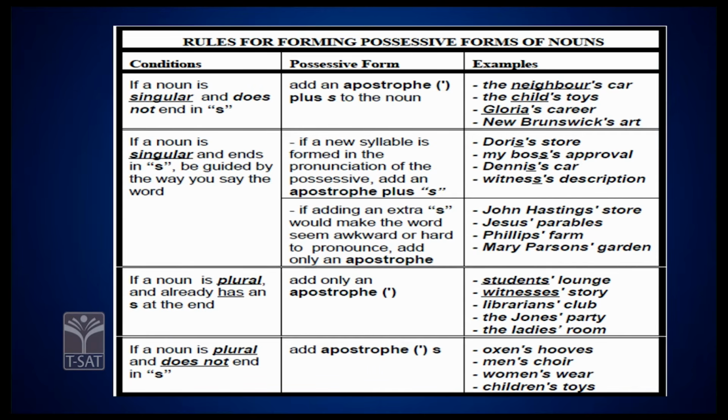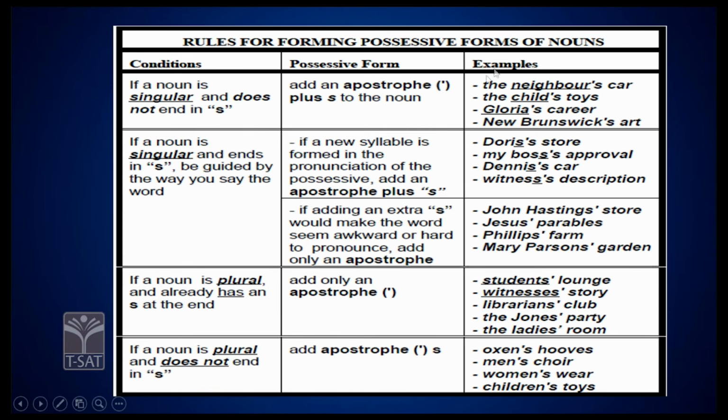Now, the second condition to form these possessives: if a noun is singular and ends in s, be guided by the way you say the word, right? If a new syllable is formed in the pronunciation of the possessive, add apostrophe plus s.